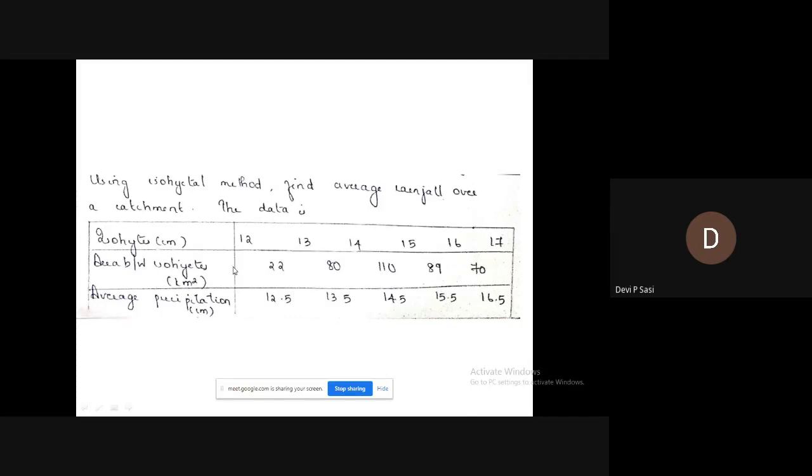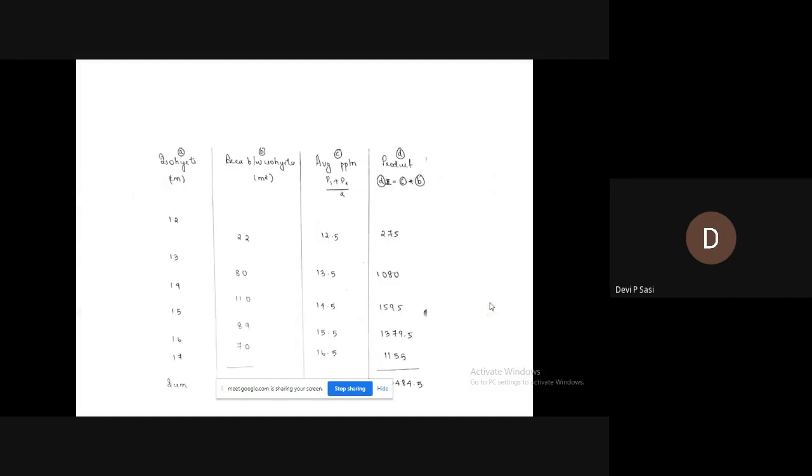Since the area is between two isohyets, it is written at the center, in the middle. Then the precipitation values in centimeters are 12.5, 13.5, 14.5, 15.5 and 16.5. This is the question.